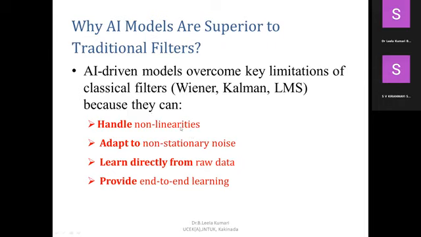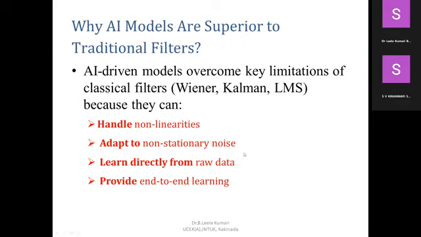This is one of the major things. Traditional filters assume linear models or approximate non-linear systems as if they are linear. But AI models learn non-linear mappings from the data itself.